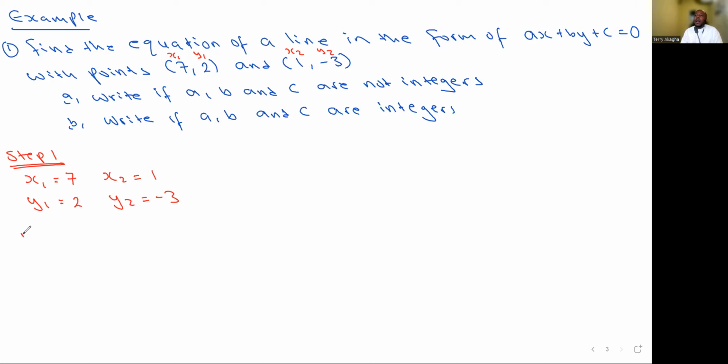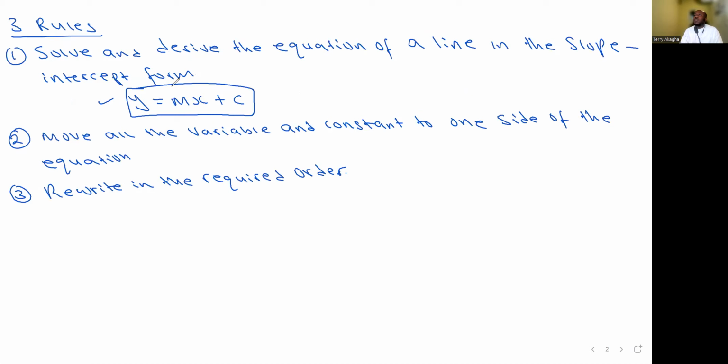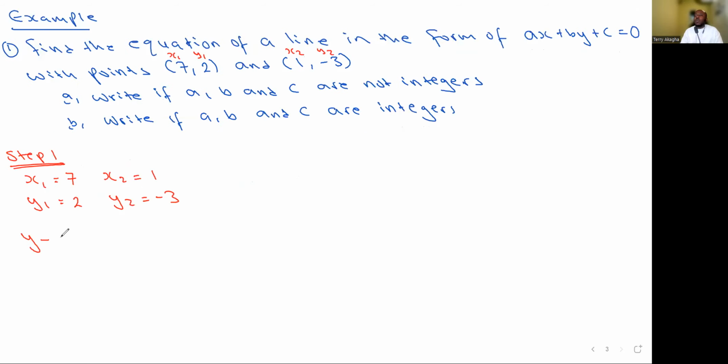Then we use the formula. Remember what we are doing? We're solving to derive the y equals mx plus c, all right? So we're using the 2-point form. So I'm going to use y minus y1 is equal to y2 minus y1 over x2 minus x1, times x minus x1. So remember I told you, you use this when you have 2 points and the slope is not given to you, all right?